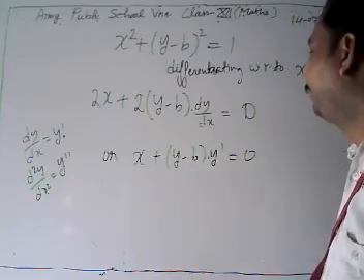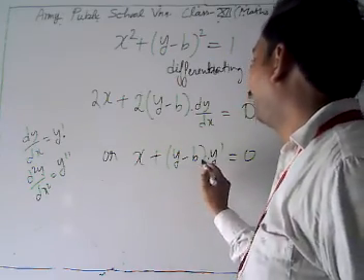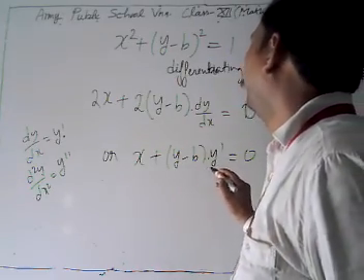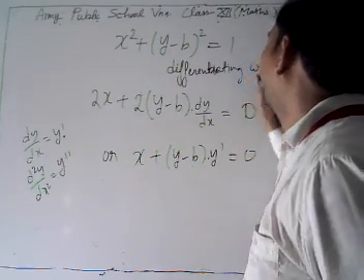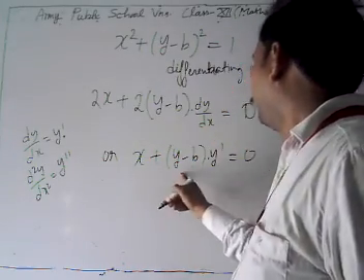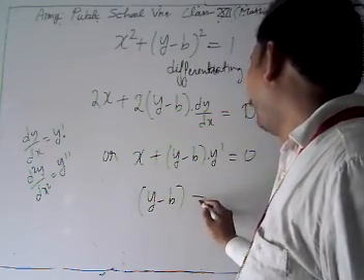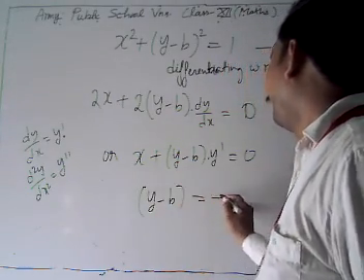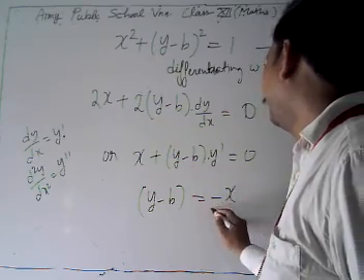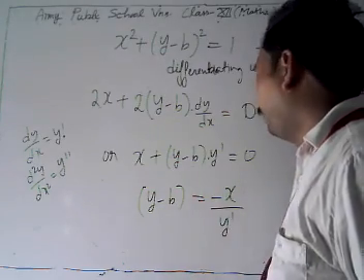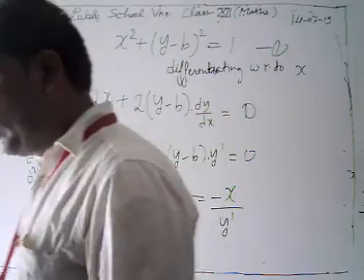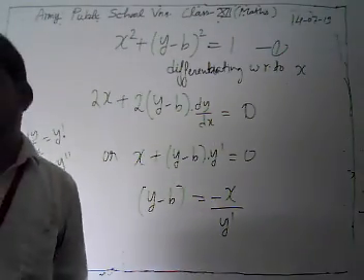Now look, we have to eliminate this b. What do we do there? Take this as our equation 1. From here we find the value of y minus b. The value of y minus b is minus x divided by y dash. This is equation 2.